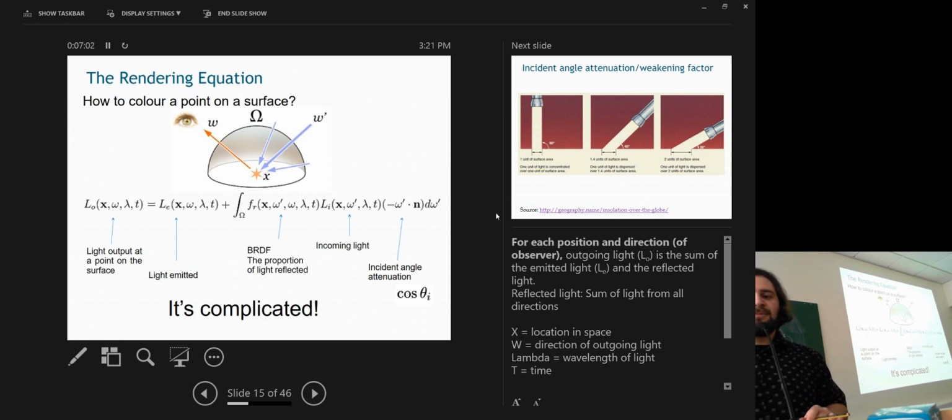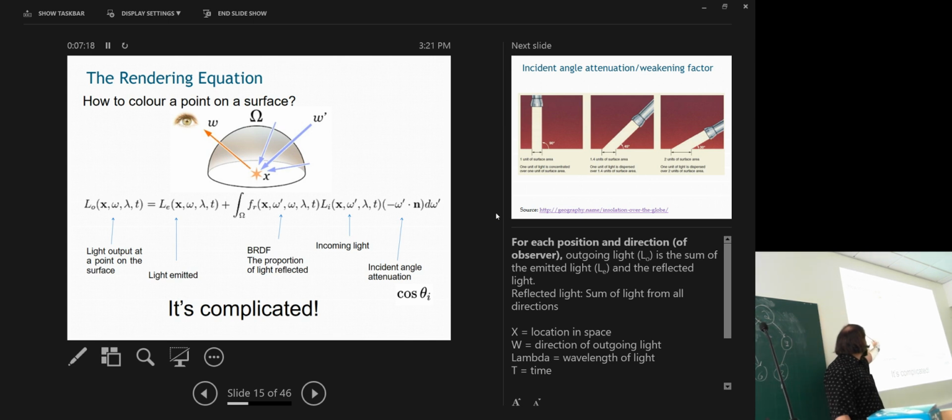But how do you find this equation in general? It's pretty complicated, even though it's easy to understand because we don't have many variables. So again, just to go through that to make sure everyone understands. We have the output light for a given point in a given direction, for a given wavelength and at a given point of time.